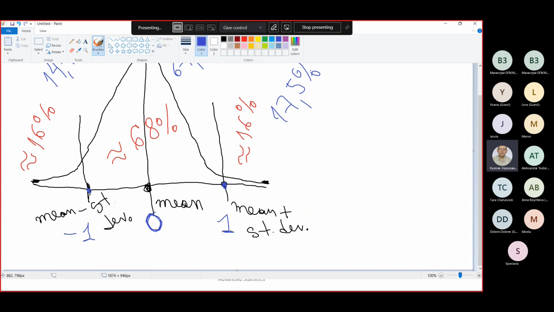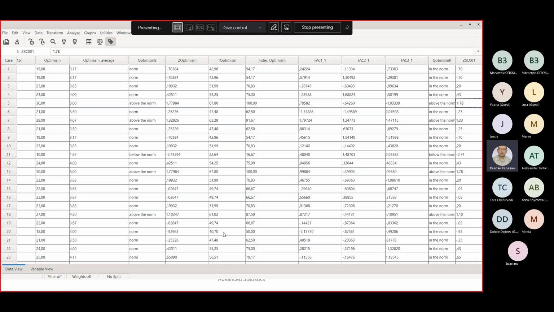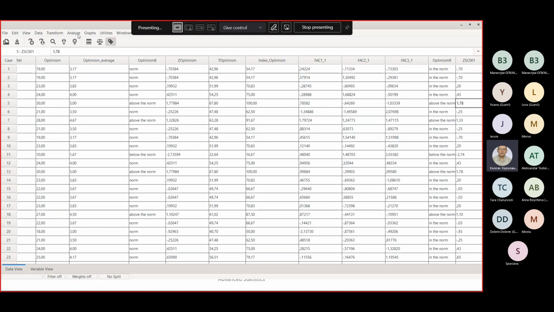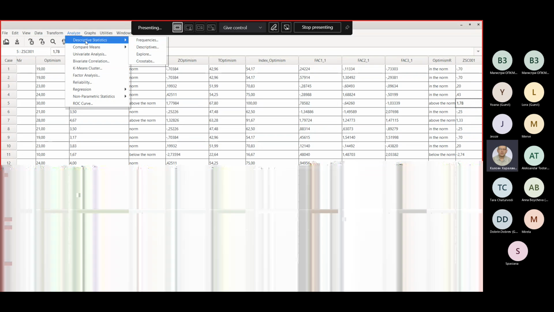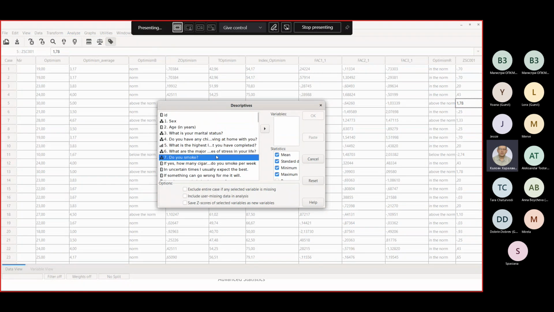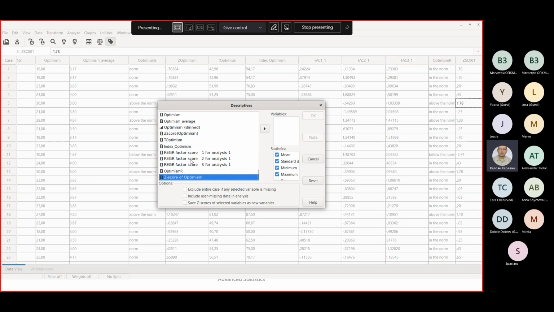And let's calculate and then show this meaning. To calculate, we have to choose Analyze. After that, again, Descriptive Statistics, but now Descriptives. And again, move optimism from left to the right.